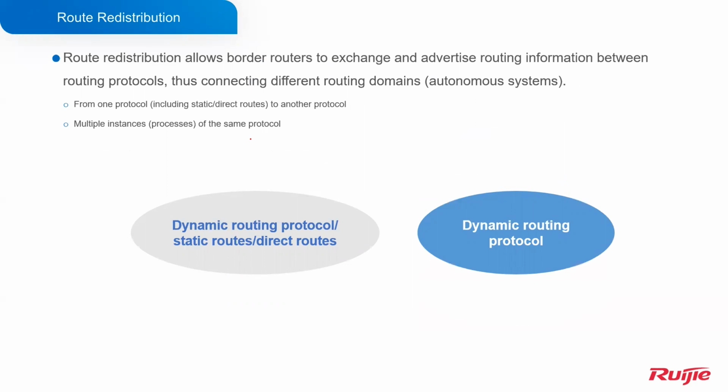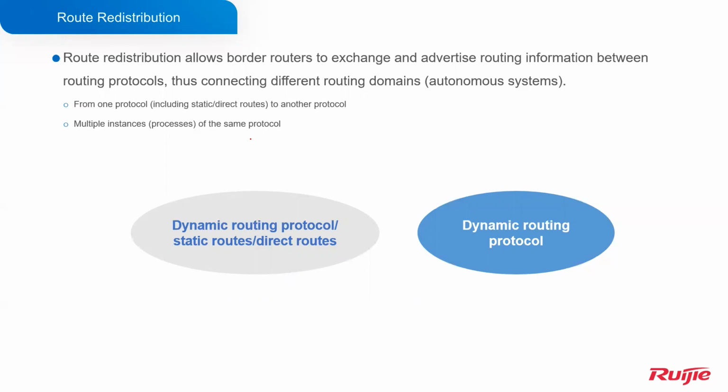So route redistribution allows border routers to exchange and advertise routing information between routing protocols, thus connecting different routing domains. For example, we can redistribute from one protocol to another, or we can redistribute between multiple instances of the same protocol.